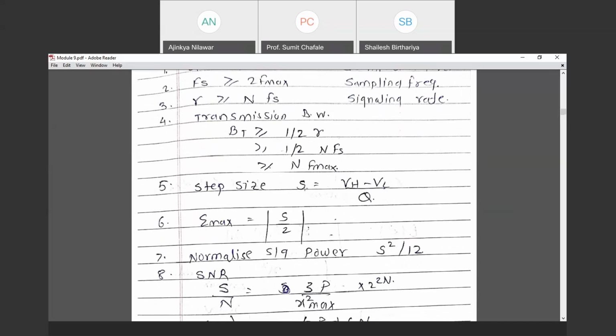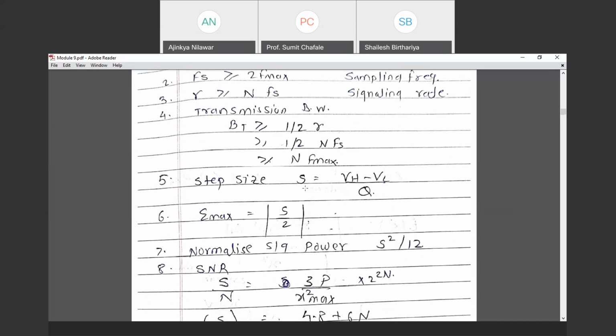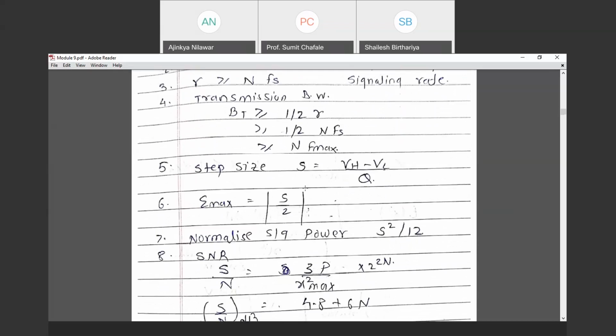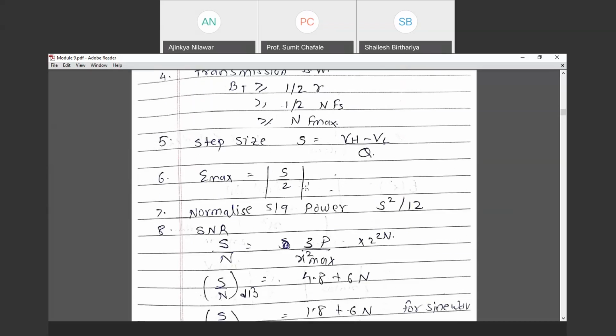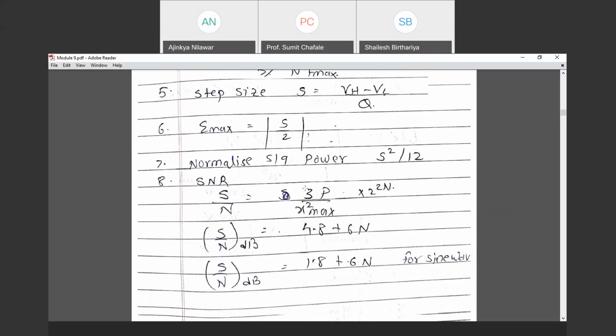Then the step size is VH minus VL divided by Q, where Q is 2 raised to N. The maximum error is mod of S by 2, where S is the step size. Why do we represent it with mod? Because if the error is negative, the step size is always positive, hence we use mod. Then the normalized signal power is given by S square by 12.